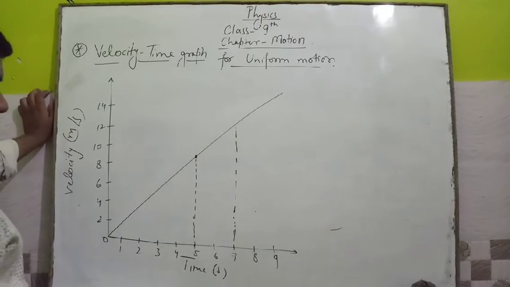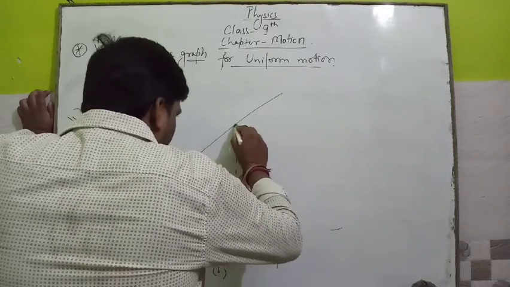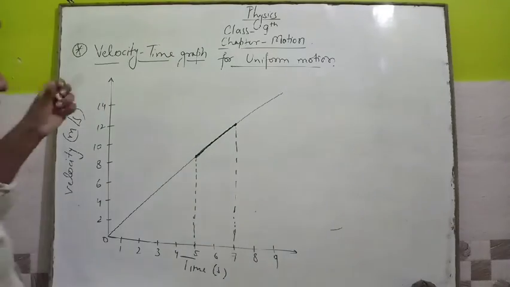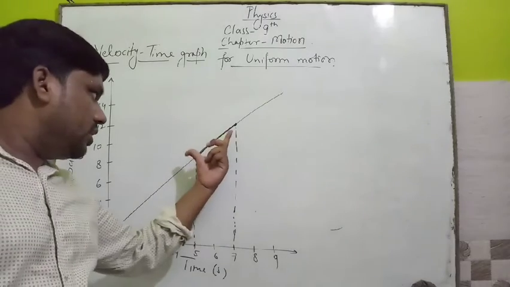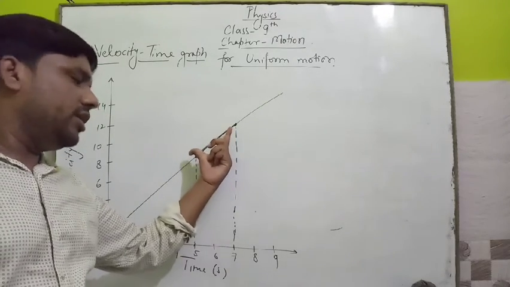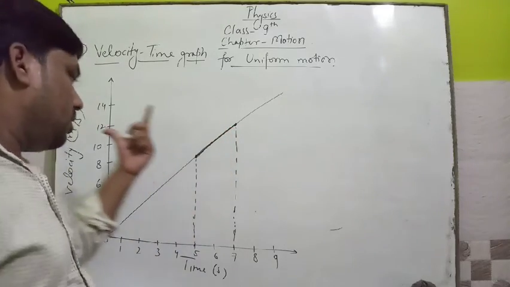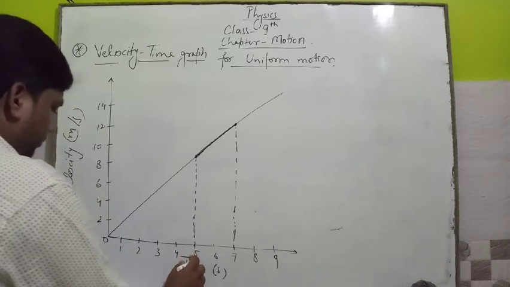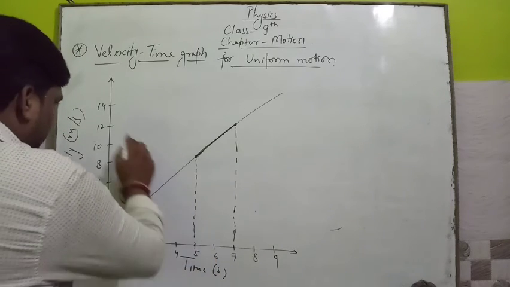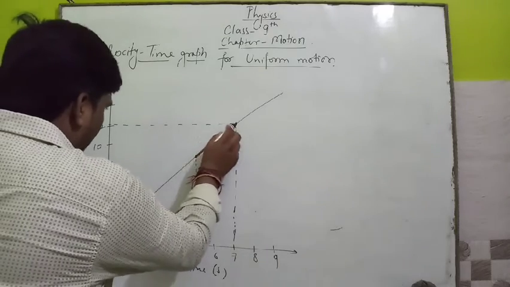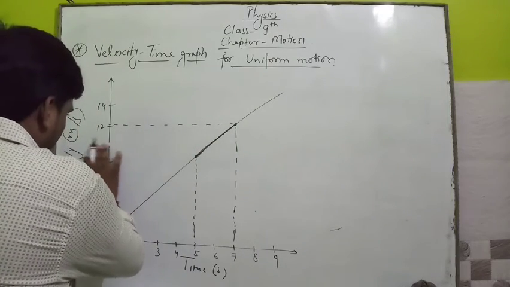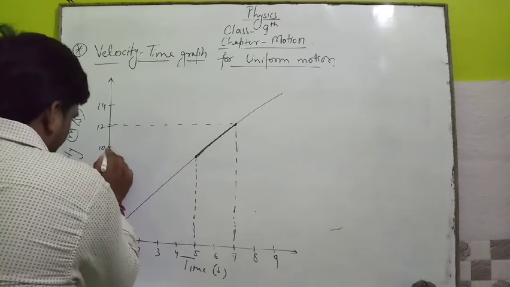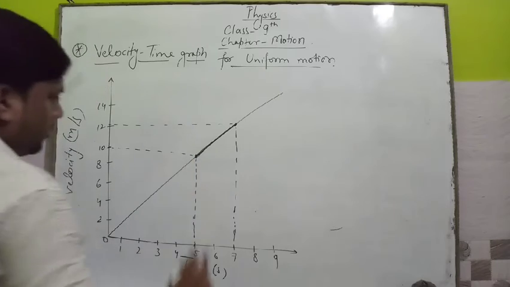Means we are finding only the area under this slope. So we are taking two points: that is 12, and here that is 10. Clear?